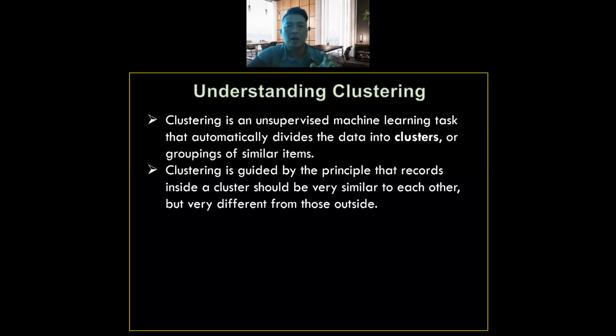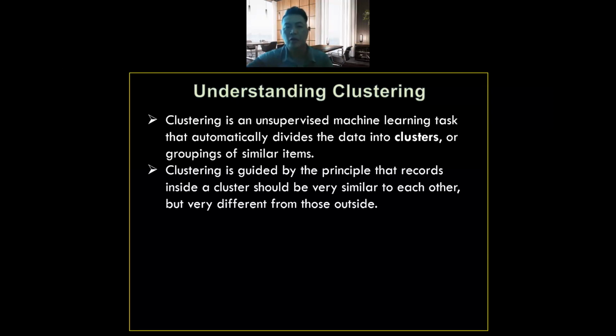Those that are almost similar to each other will be grouped into one cluster, and those that are different will be clustered far away from each other in different clusters. Okay. So clustering is guided by the principle that records inside the cluster should be very similar to each other. If they are very similar, that means they are very compact.